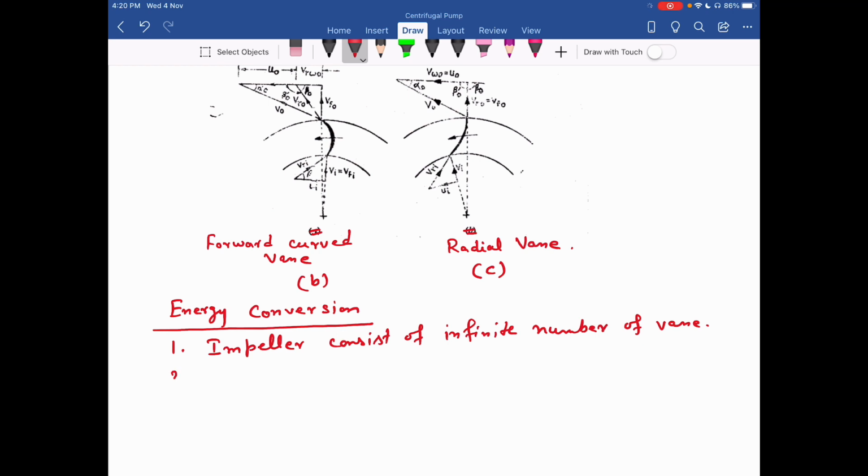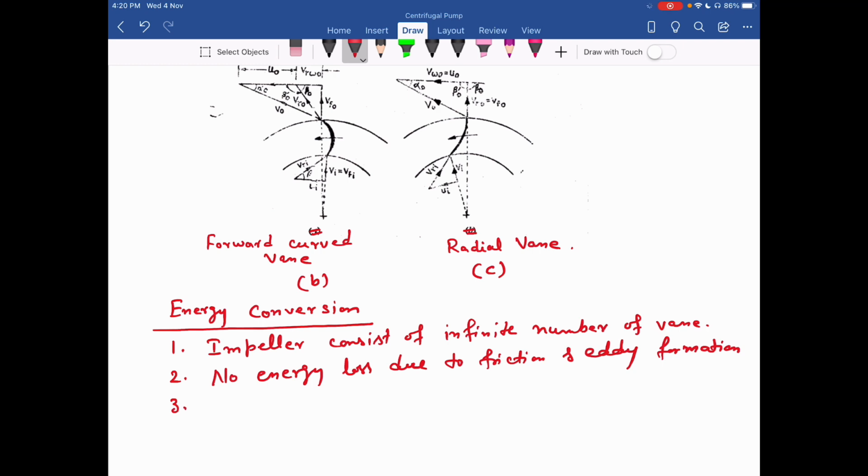The second assumption is no energy loss due to friction and eddy formation.